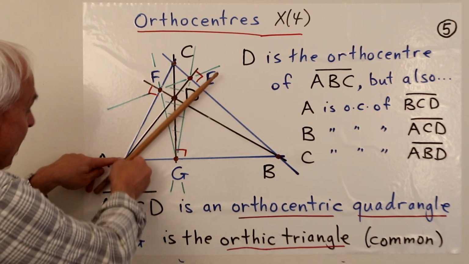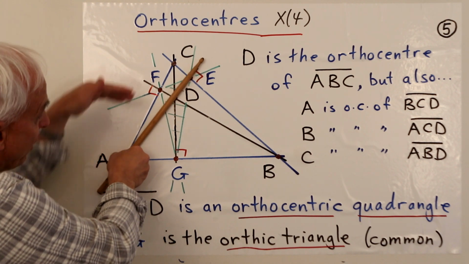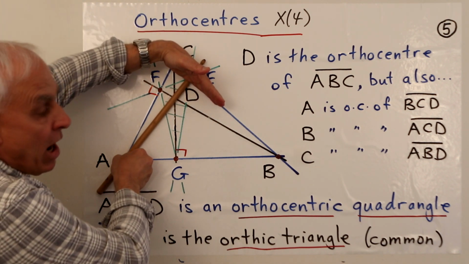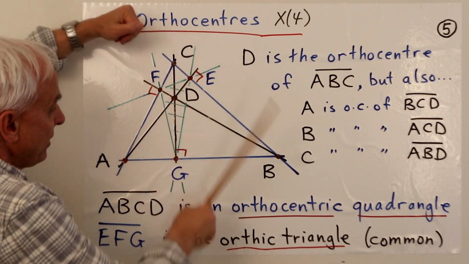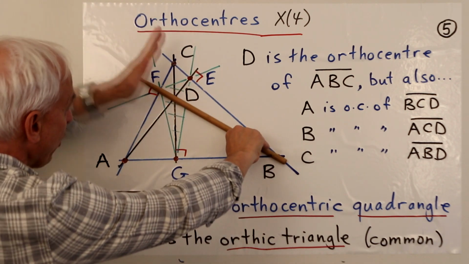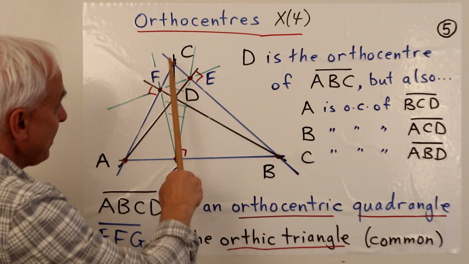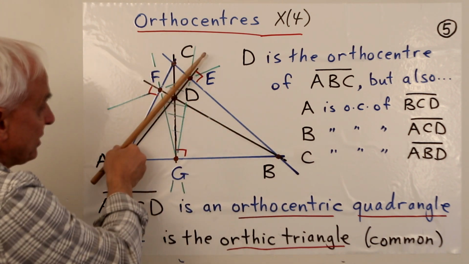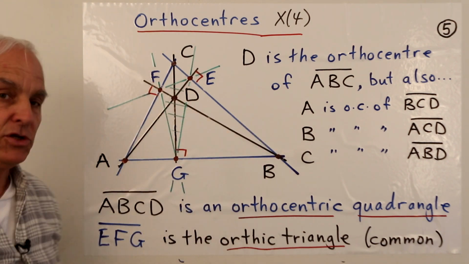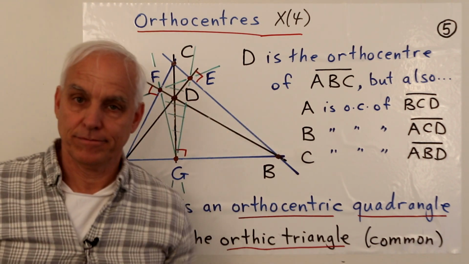So an altitude is a line through a vertex like this one here, which is perpendicular to the opposite side, side BC. So that's an altitude. The altitude through B is this line here. It's perpendicular to AC. And the altitude through C is this line here. It's perpendicular to AB. And as you can see here, these 3 altitudes meet at a point D.